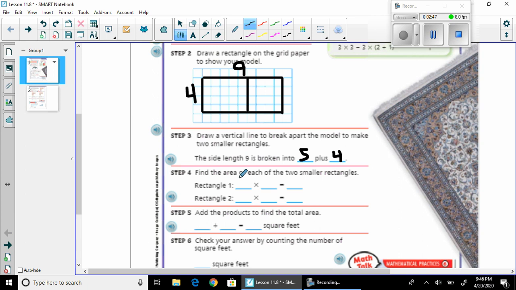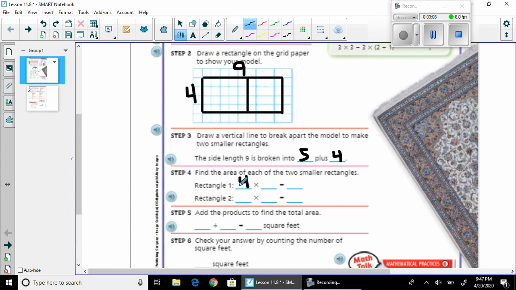All right, so rectangle 1 would have a length of 4 feet. So I'm going to write the number 4 here. And then going up to the top here, this would be rectangle 1. So I will count my width. So I have 1, 2, 3, 4, and 5.